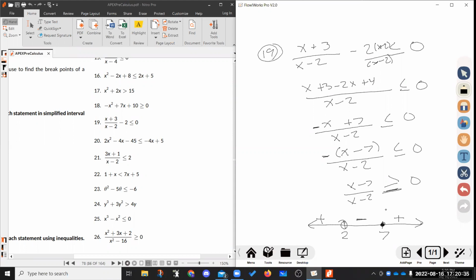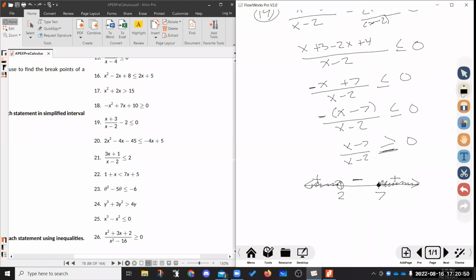So now we're going to look for where it's greater than or equal to 0. That's here, and that's here. So my answer in interval notation is going to be negative infinity to 2, not included, union 7 to infinity. That was 19.